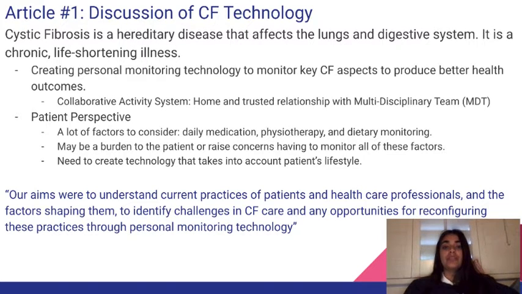By utilizing personal monitoring technology, it will allow for better health outcomes by the multidisciplinary team because they will be able to see how the patient is doing with the treatment at home. Although the patient may feel that this is tedious to continuously monitor several factors, they understand that it is needed to further their quality of life.